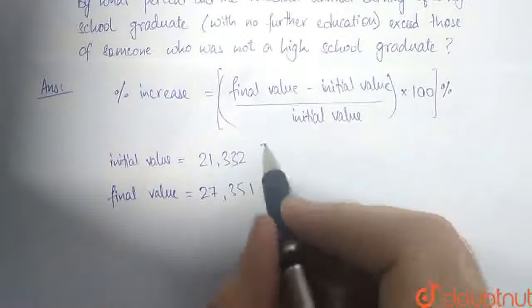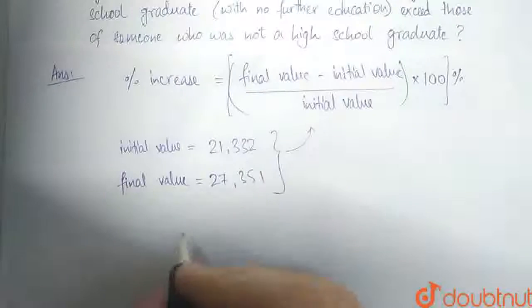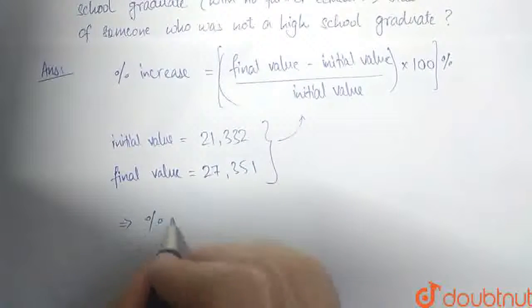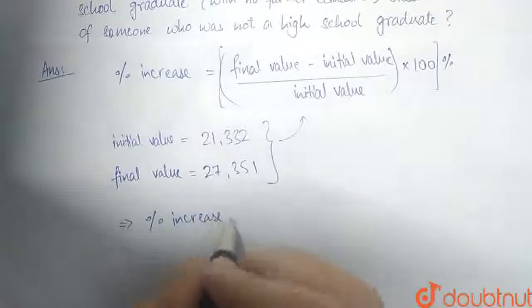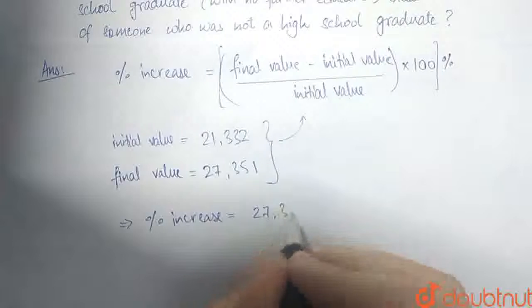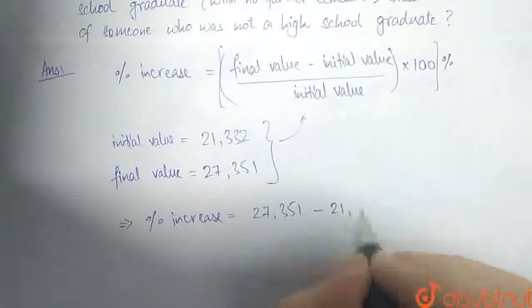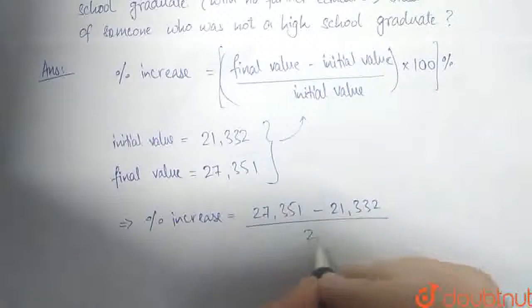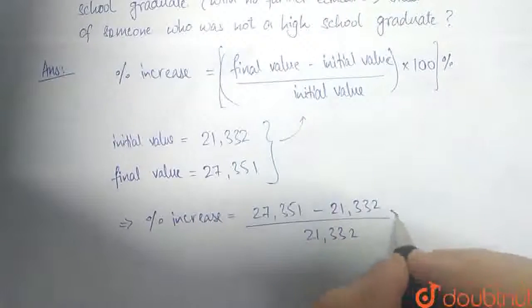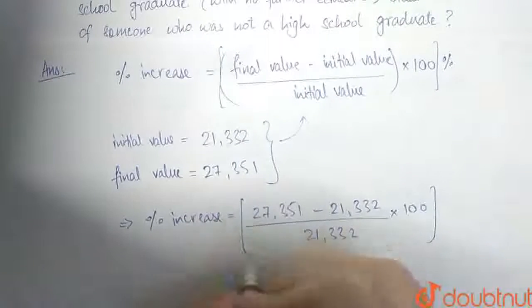So now plugging these values into this equation, we get percentage increase equals 27,351 minus 21,332, divided by 21,332, times 100 as a percent, right?